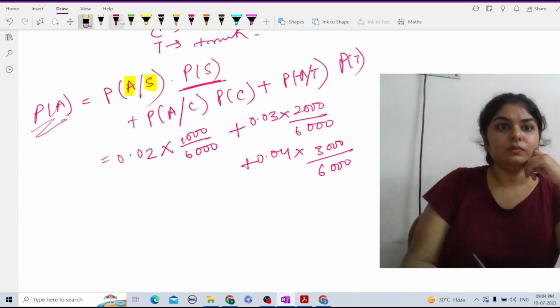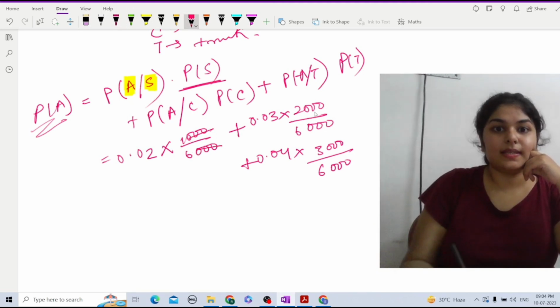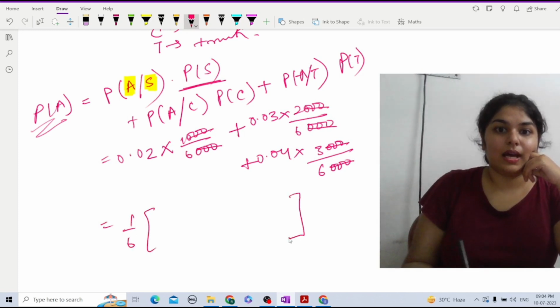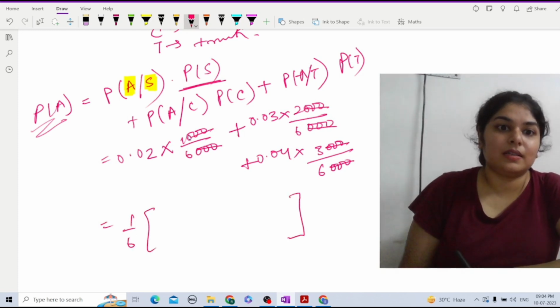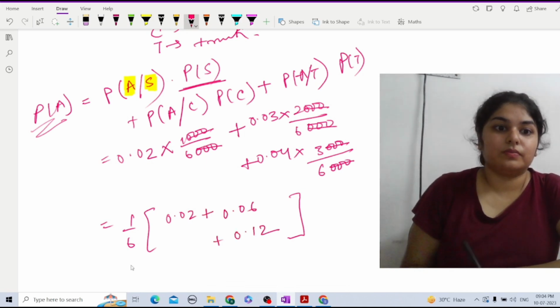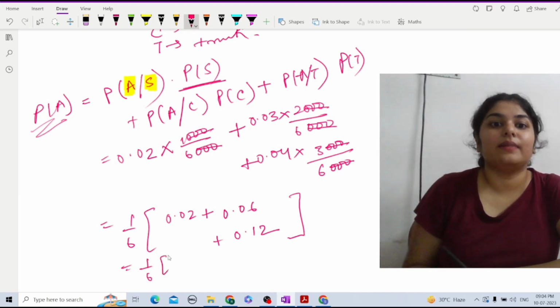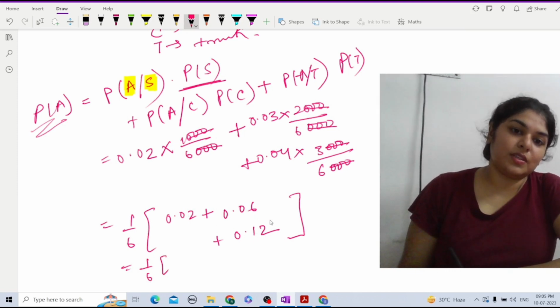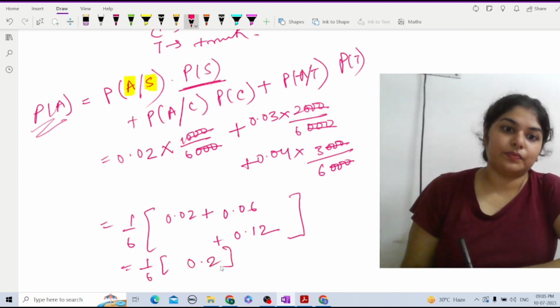Right. So basically this is 1 by 6, this is 2 by 6 and this is 3 by 6. Okay. So we have 1 by 6 as common and now here it is 0.02 plus 0.06 plus 0.12 is equal to 1 by 6 times, so this is 6 to 8, 0.08 plus this is 0.2.